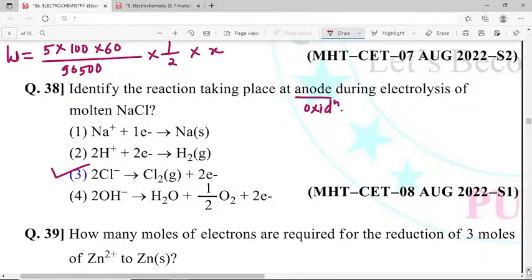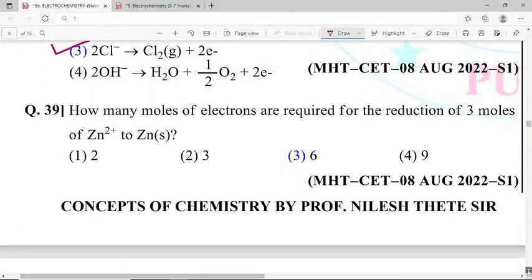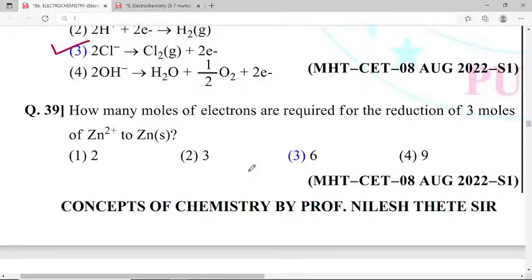Simple question. How many moles of electrons are required for reduction of 3 moles of Zn2+ to zinc? So this is Zn2+ plus 2 electrons to give zinc. For 1 mole, 2 moles of electrons are required.